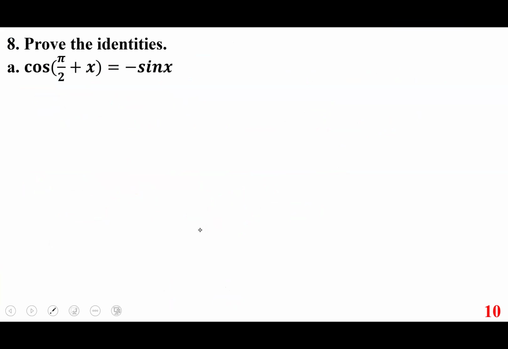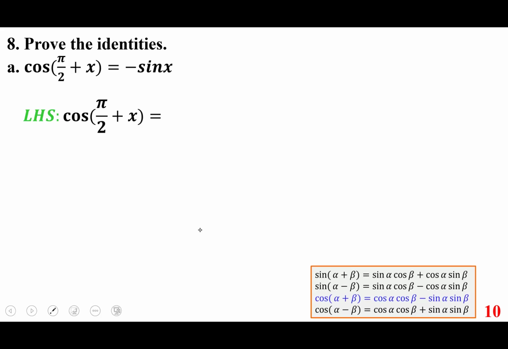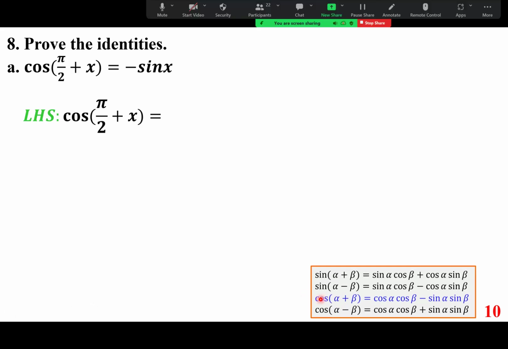Prove the identities. Cosine of pi over 2 plus x equals minus sine x. We start from one side, in this case, the left-hand side. And we use the fact that we've learned sine of alpha plus beta, sine of alpha minus beta, cosine of alpha plus beta. And of course, we are going to use cosine of alpha plus beta.